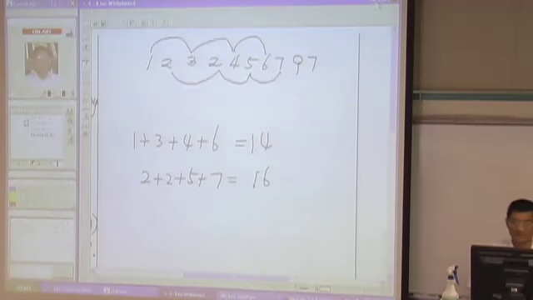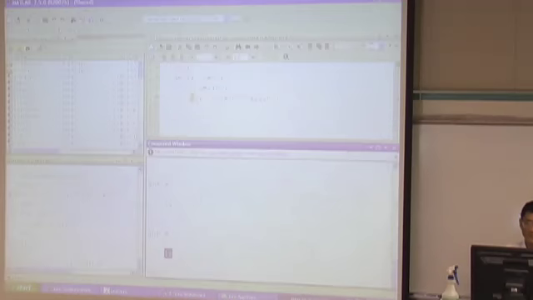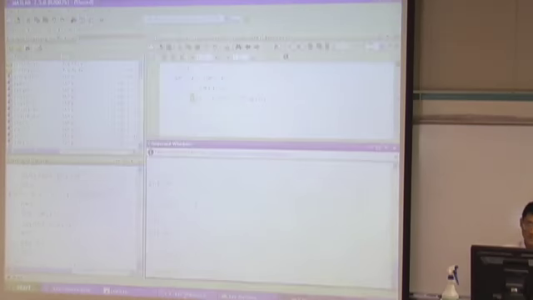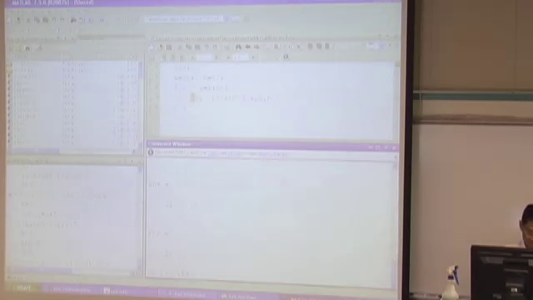So let's check it using MATLAB. 1, 2, 3, 2, 4, 5, 6, 2, 4, 5, 6, 7, 9, 7, divided by 11.